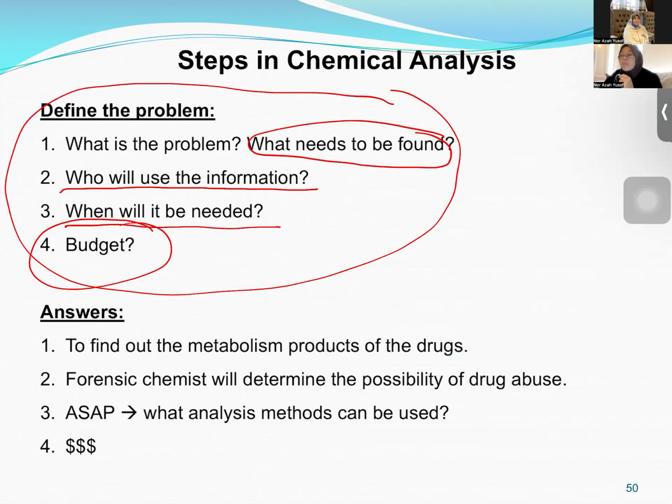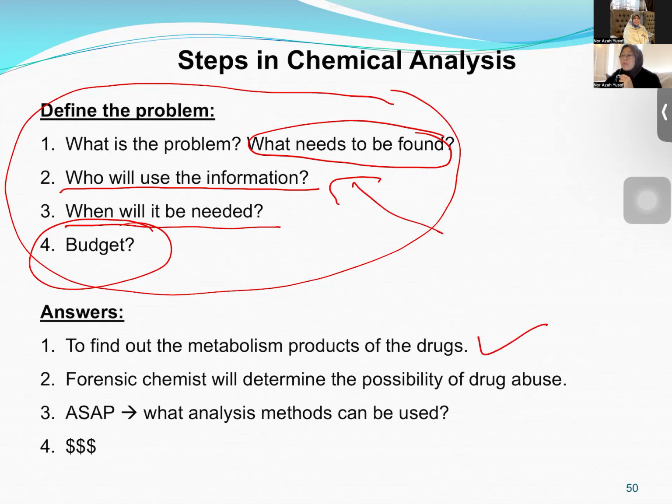Who will use the information? Also, sometimes it is very important, because are you going to submit to a very technical person, or are you going to submit to a layman? Okay, so this one goes to how detailed the analysis will be. Okay, right. So these are some possible answers to that.